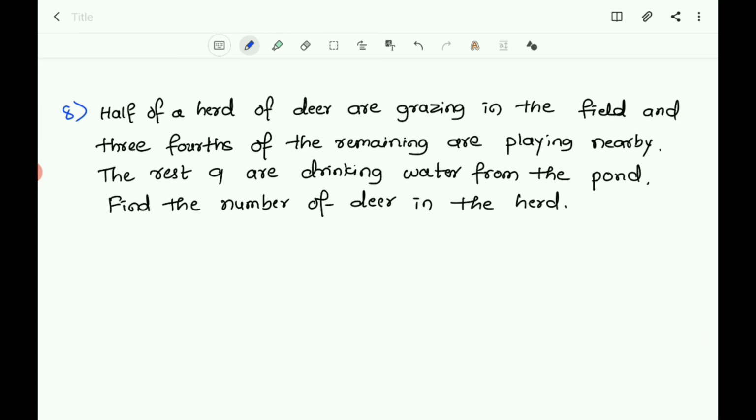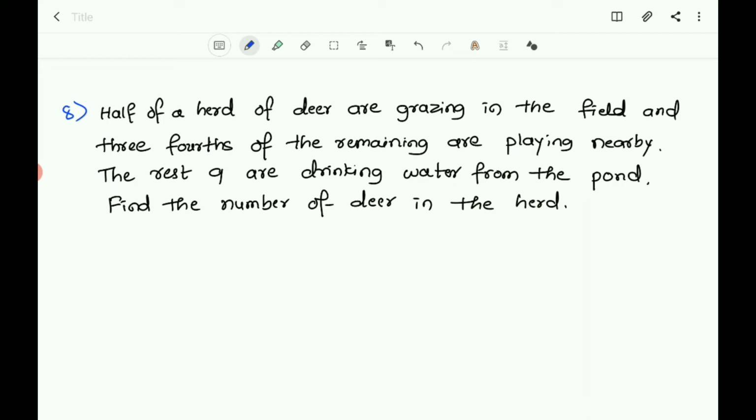Now you take the 8th question. Half of a herd of deer are grazing in the field and 3/4 of the remaining are playing nearby. The rest, 9, are drinking water from the pond. Find the number of deer in the herd.